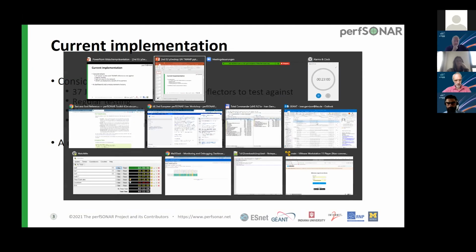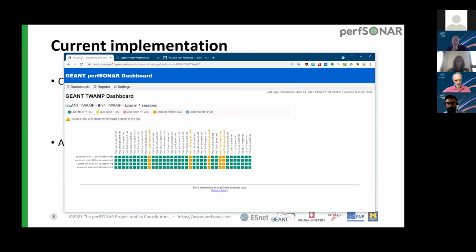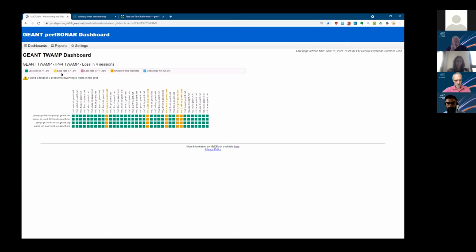So now I'm going to switch to the dashboard. I hope you're seeing that. This one is actually, as you can see, the 4 new servers that were deployed.